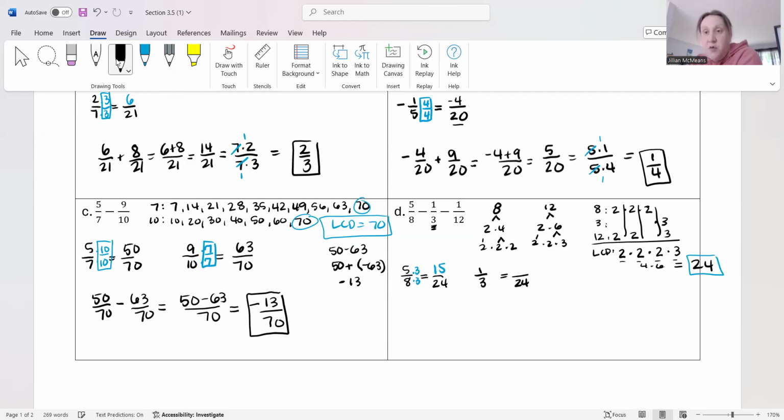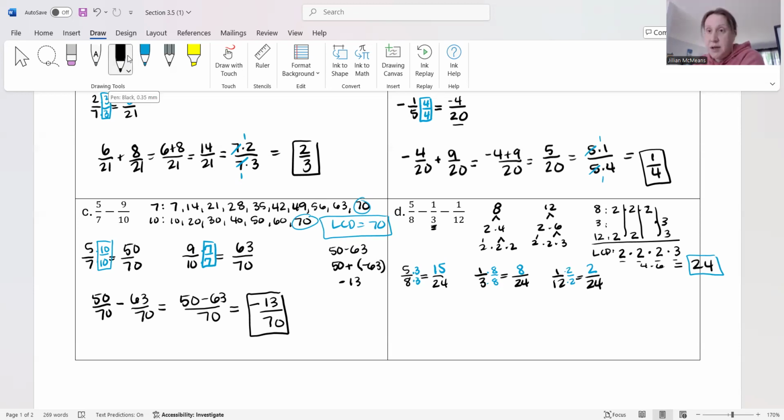So I ask myself, what would I multiply 3 by to get 24? That would be 8. So I'm going to multiply top and bottom by 8. So that gives me 8 24ths. And then finally, we have 1/12. So we ask ourselves, what would we multiply 12 by to get 24? That would be 2. So top and bottom get multiplied by 2, which gives me 2 24ths.